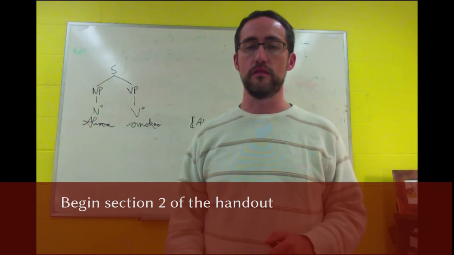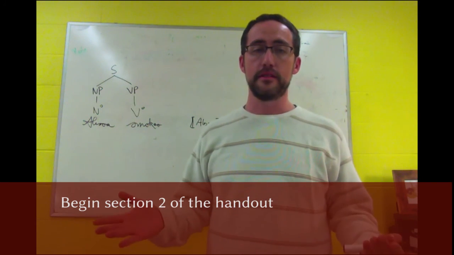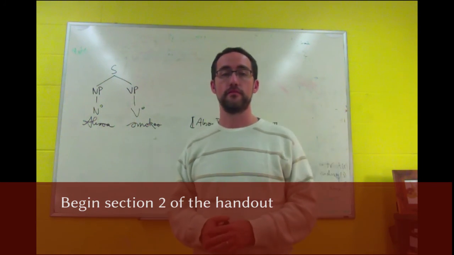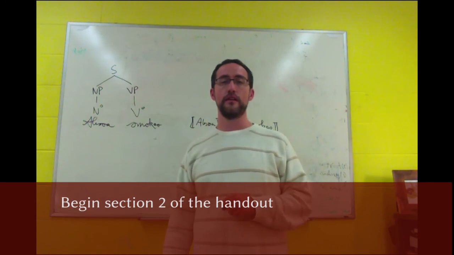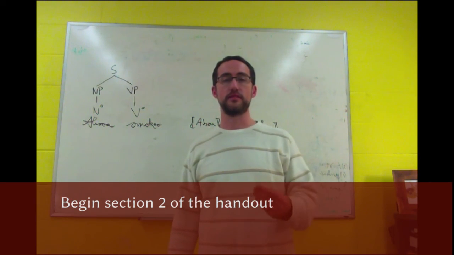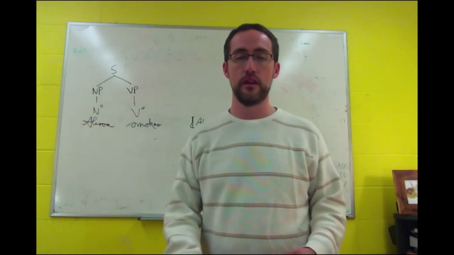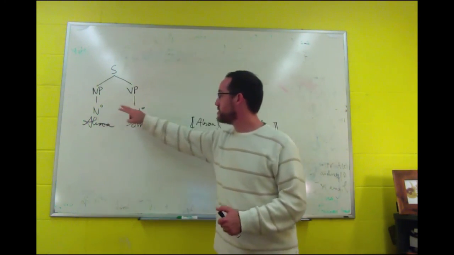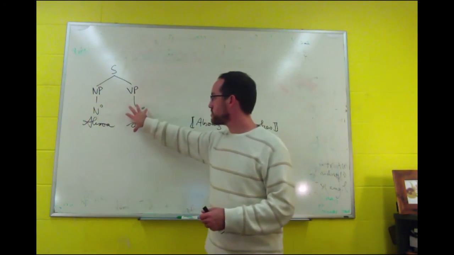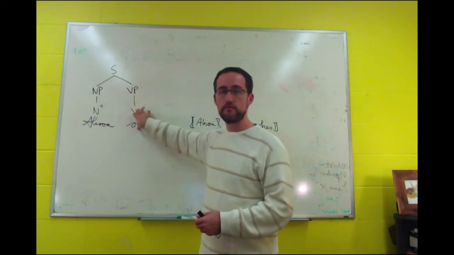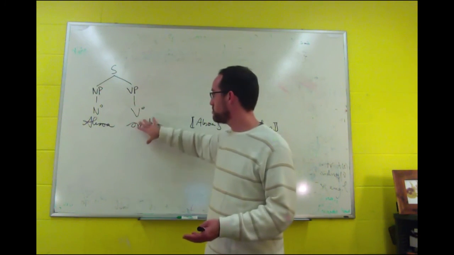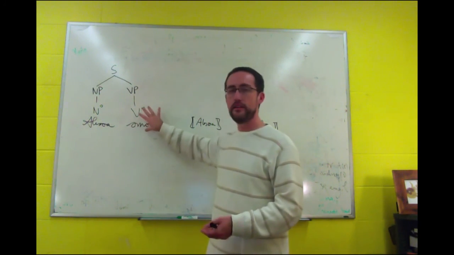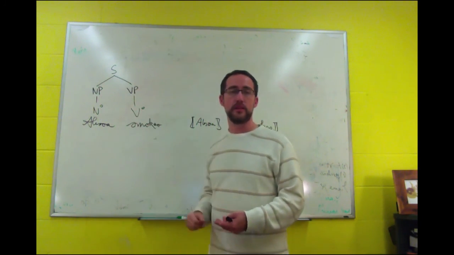And terminal nodes is pretty straightforward. It's defined as follows: if alpha is a terminal node at LF, then the denotation of alpha is specified in the lexicon. That is to say, if you have a node with a syntactic head, then it can be interpreted.